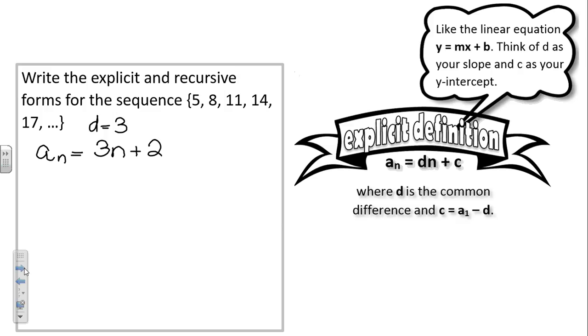Remind me what recursive is about. Recursive sounds like reoccurring, right? So what do we have to have when we write a recursive formula? What do we have to have if we write a recursive definition? Remember from yesterday?